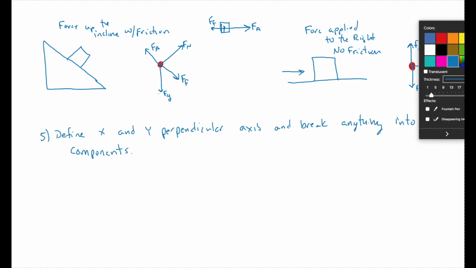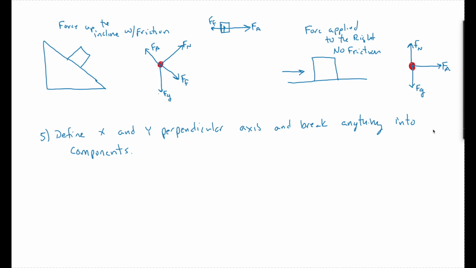So the next point I want to make is exactly why I drew the inclined plane. We must define X and Y perpendicular axes and break anything into components that does not lie directly on those axes. So for this case, I'm going to call this right here the X-axis. And then perpendicular to that will be called the Y-axis. Over here, I will define this as my X-axis. Perpendicular to that, I will define this as my Y-axis.